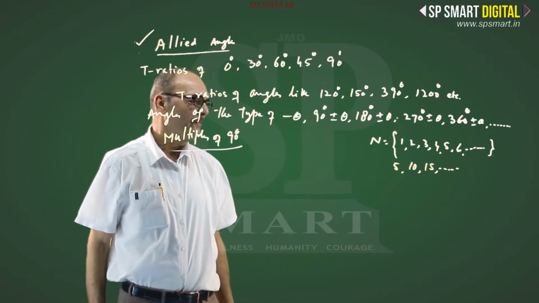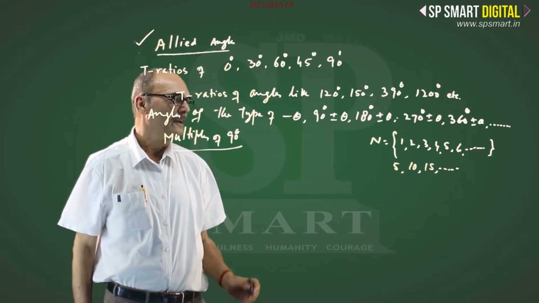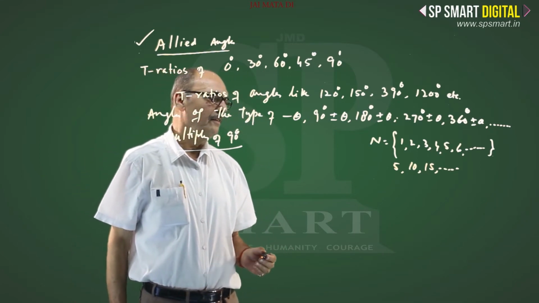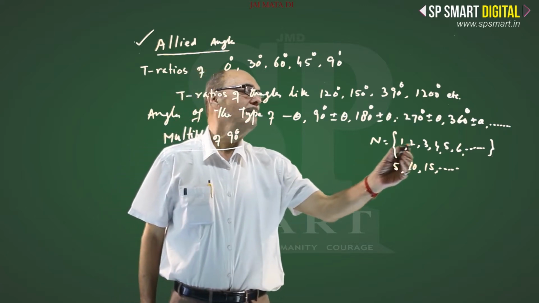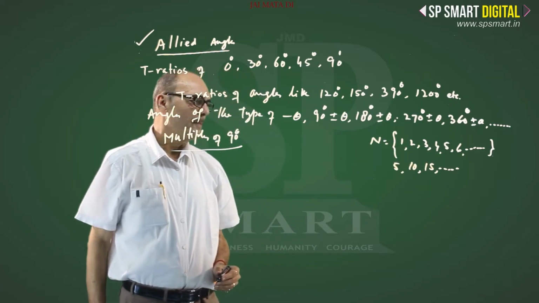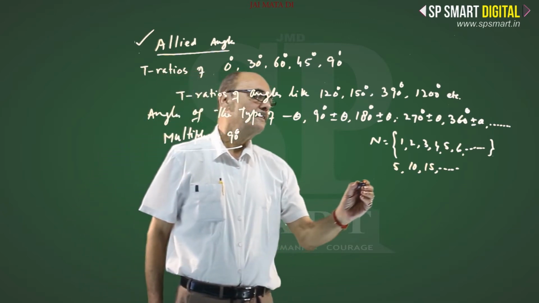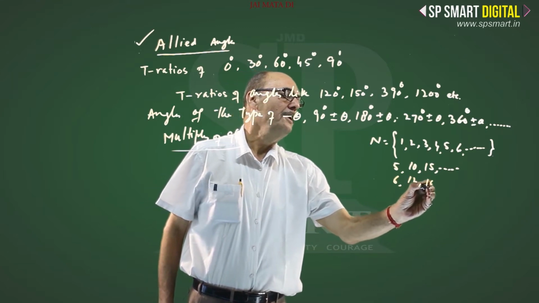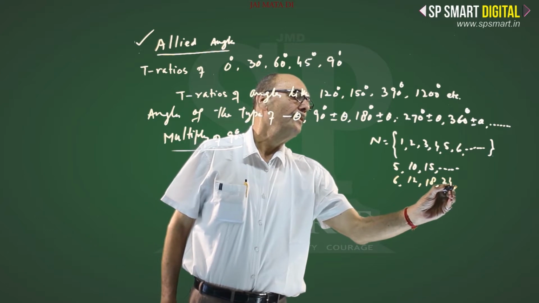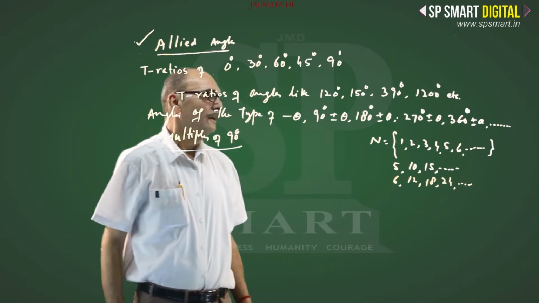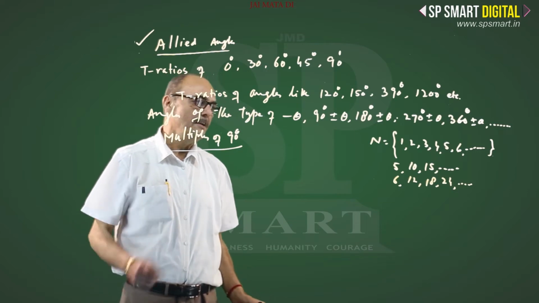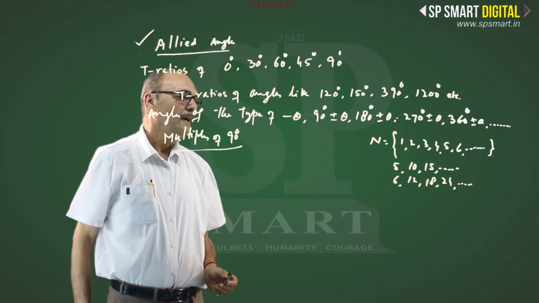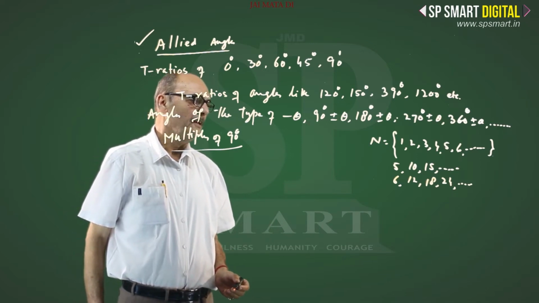This is the multiples of 5. In a nutshell, if we want to write the multiples of any number, we take natural numbers and multiply each natural number by that number. Multiples of 6 are 6, 12, 6 into 3, 18, 6 into 4, 24 and so on.